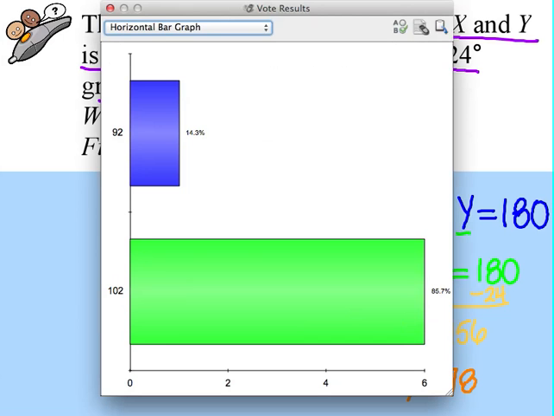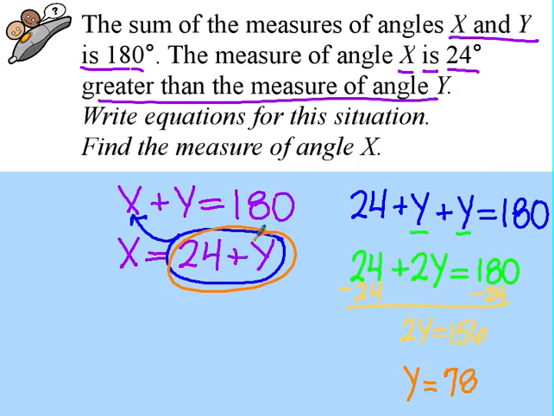Okay, your answer should be 102 because all you're doing is going back to the circled equation and plugging in 78 for y. So 24 plus 78 is 102.